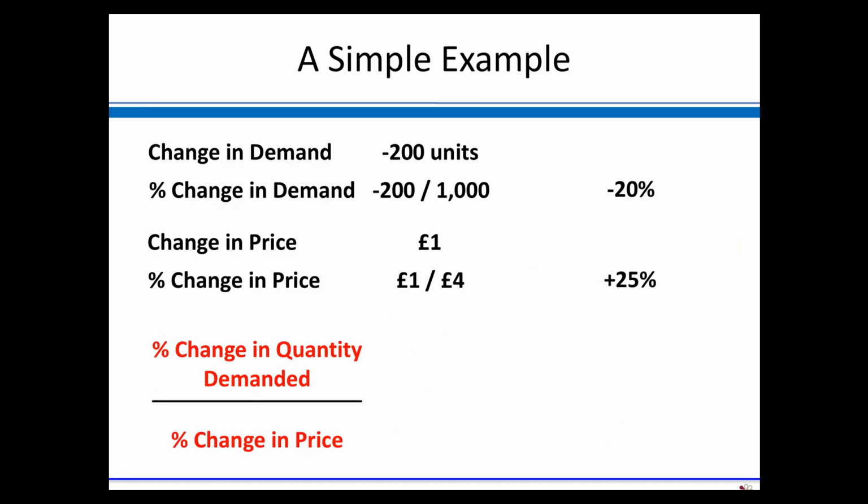We don't have to worry too much about the positives and negatives here. It's just about calculating the percentage changes. If we divide one by the other, we get 0.8, or minus 0.8 if you keep the negative. But the important point is that in this calculation, the PED is 0.8.